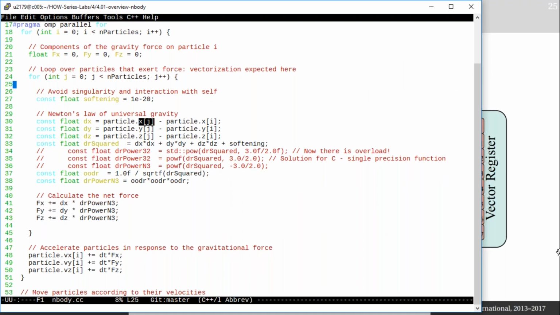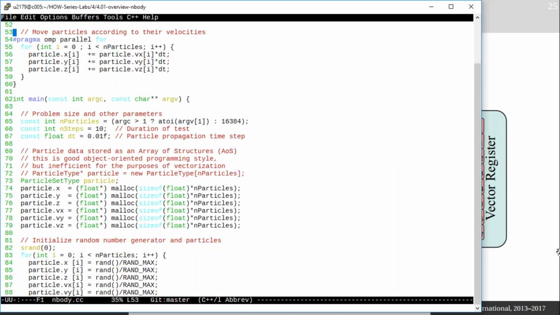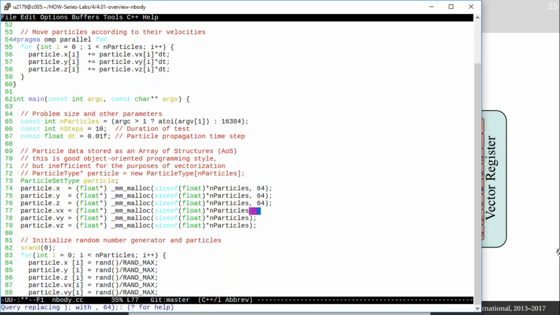And it involves two steps. Step 1 is changing the allocation. Instead of this malloc, I will do a different allocator that accepts two arguments. For the second argument, it accepts how many bytes I want it to align on. 1, 2, 3, 4, 5, 6.